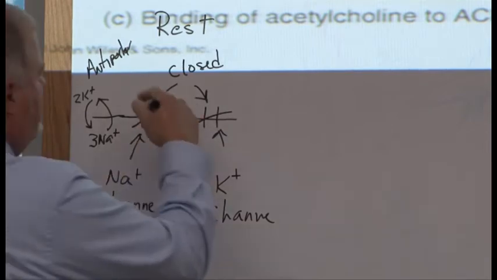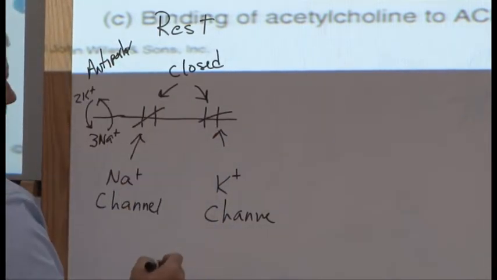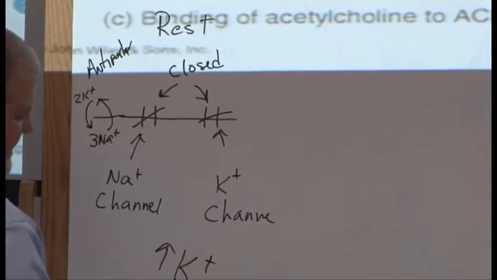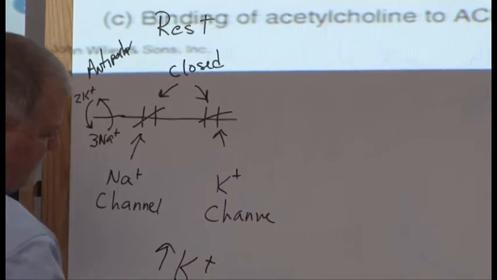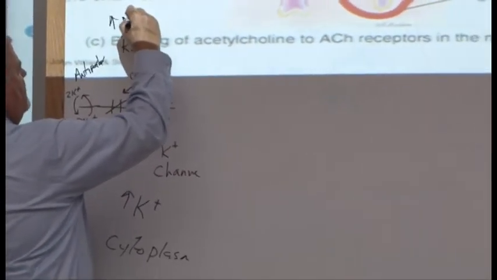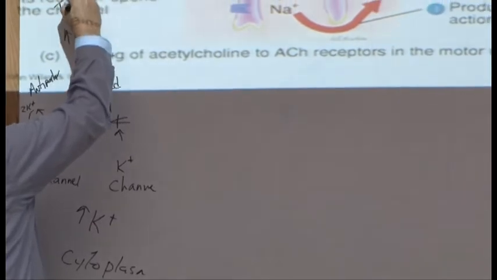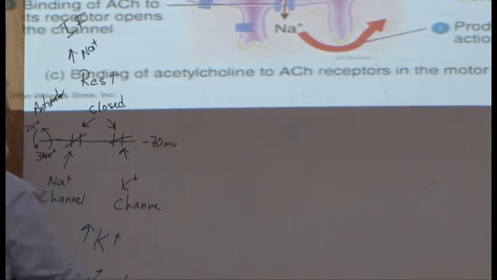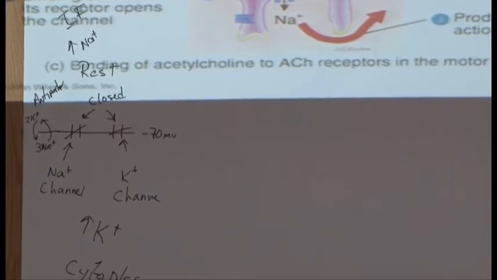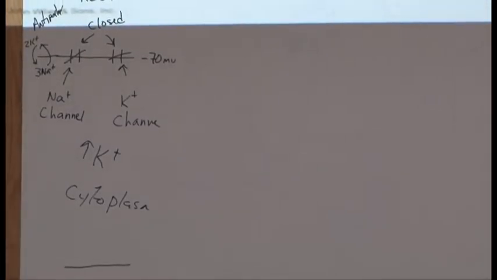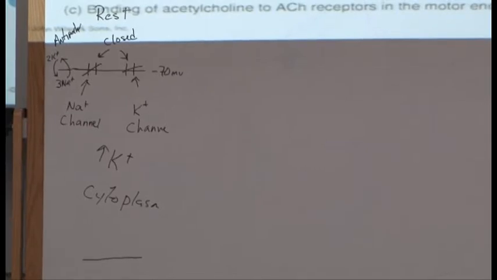Because all the channels are closed and we're maintaining this membrane potential, we have a higher abundance of potassium inside the cell in the cytoplasm, and a higher abundance of sodium outside the cell in the interstitial fluid. Then the membrane potential stays the same at -70. And if we were using a machine that graphs changes in membrane potential, the machine would give us a flat line, because no change is occurring.